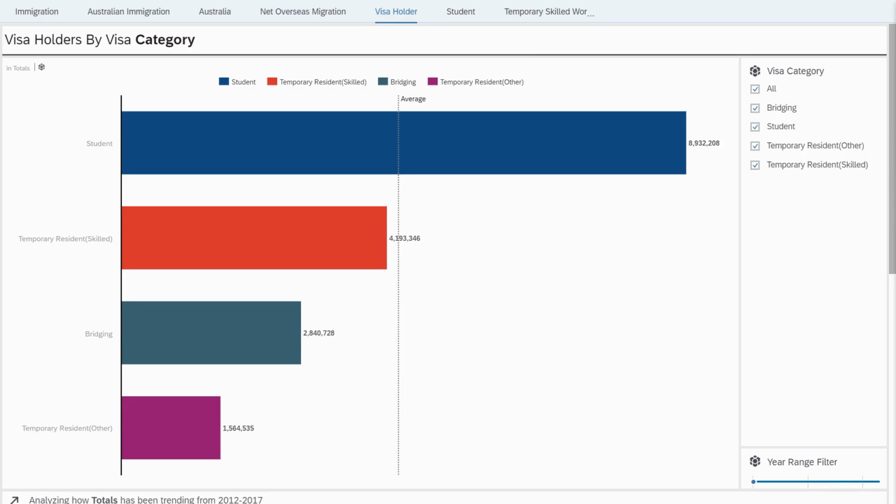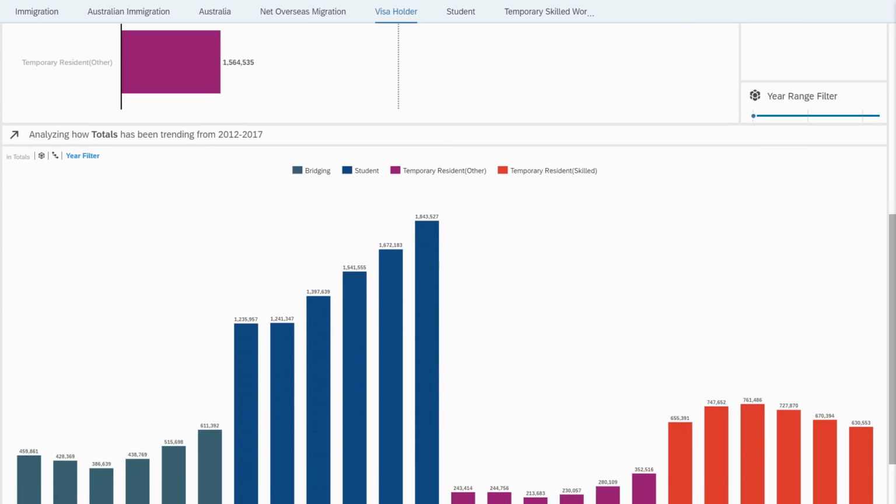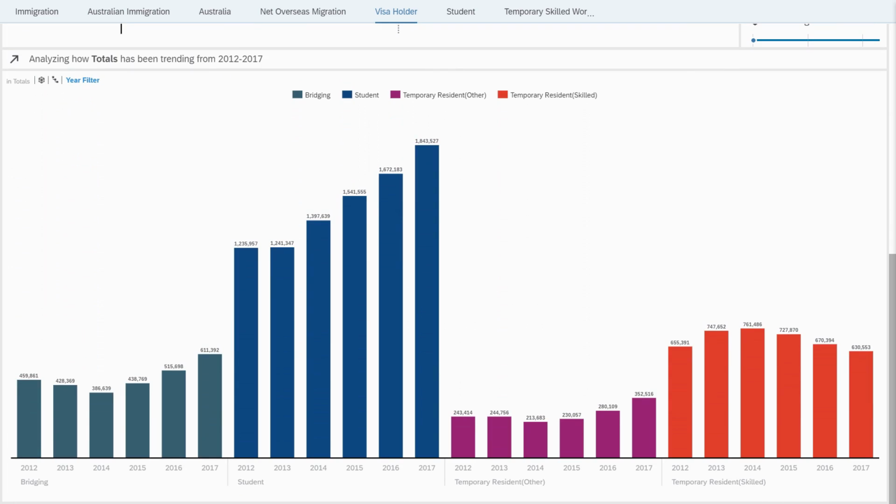We are going to focus on the following 4 visa categories under the temporary visas issued, which are student, temporary resident skill, bridging, and temporary resident other, in which the student category has the highest number. Now we move on to show the trends across 2012 to 2017 for the above mentioned categories.